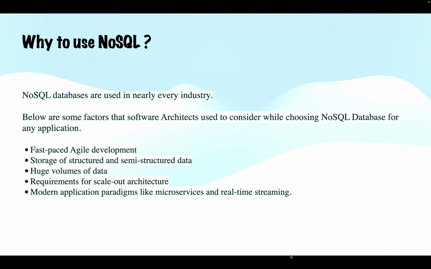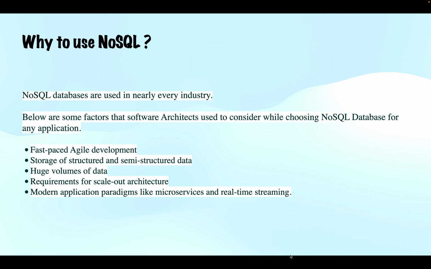The most important thing is, nowadays most of the applications that we implement are microservices, where we may need live streaming, real-time streaming. For this kind of requirement, we must go for a NoSQL database, that is MongoDB.